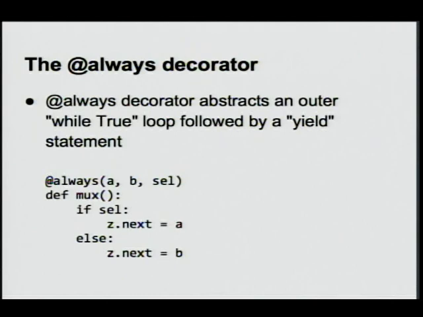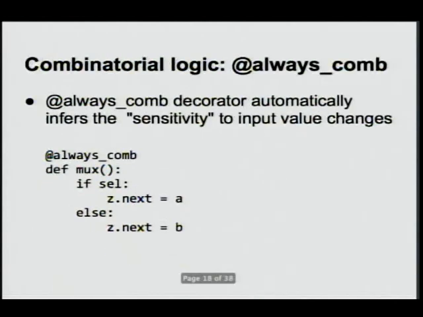So there is some magic involved here to have the behavior that we want. And we go even further in MyHDL because it is very common that a function should be sensitive to all its inputs. So here, for example, you see that you have the always comp decorator, and you no longer have a parameter list with signals.